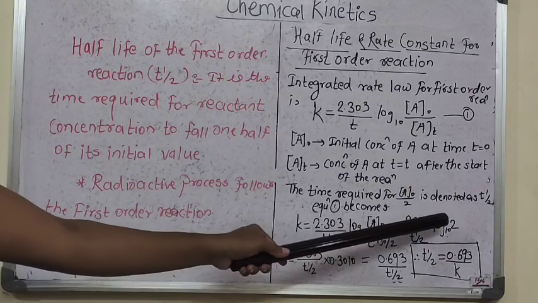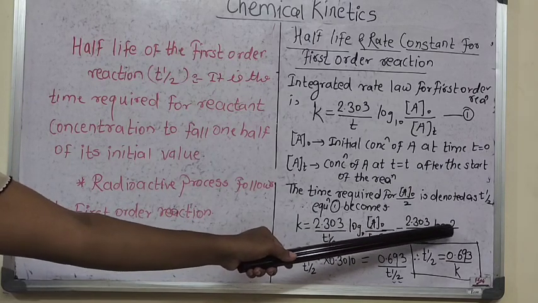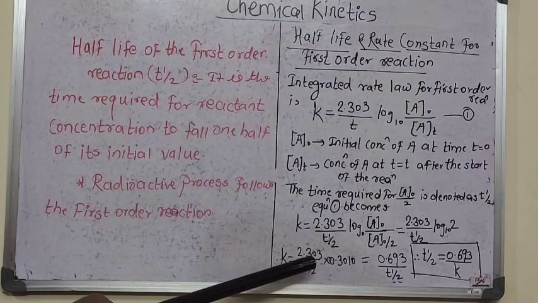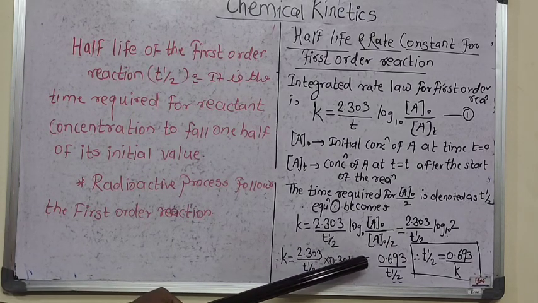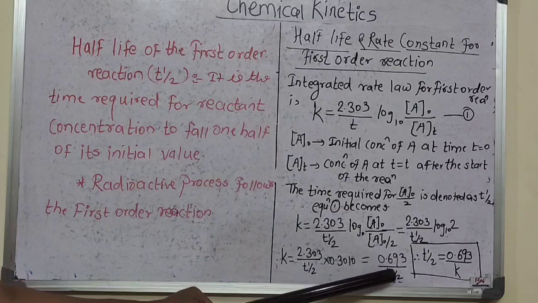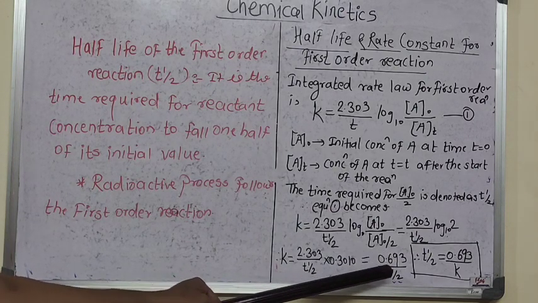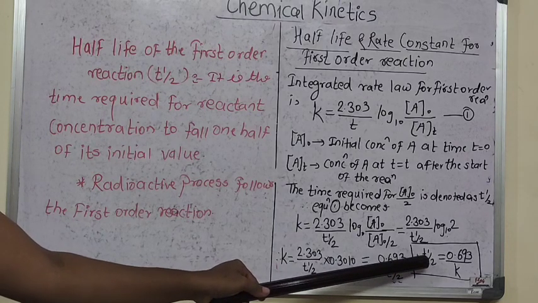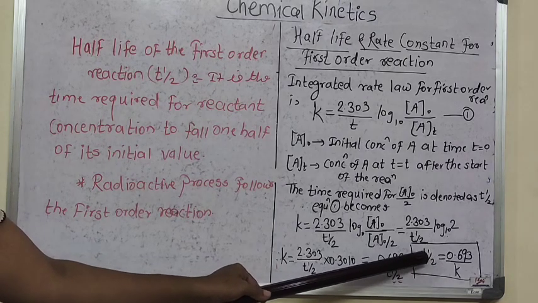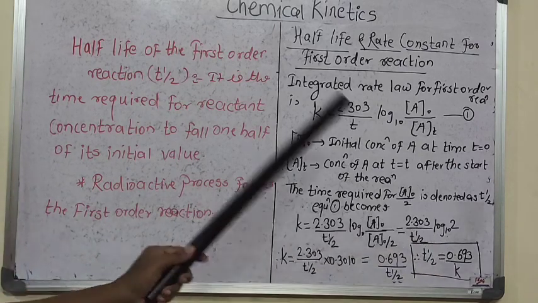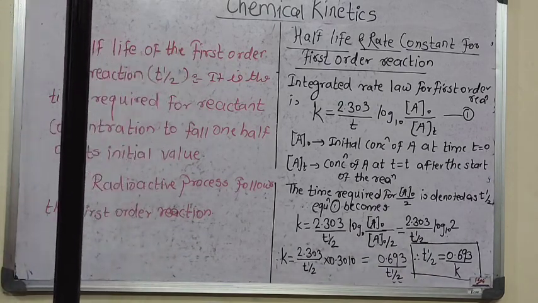From the logarithm table, the value is 0.3010. So k equals 0.693 upon t1/2. Deriving the equation for t1/2, the half-life period of the first order reaction, we get t1/2 equal to 0.693 upon k. That is the half-life period of the first order reaction.